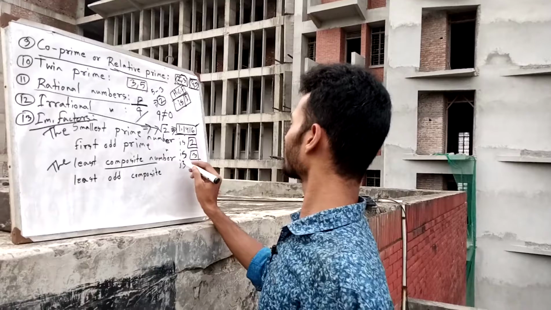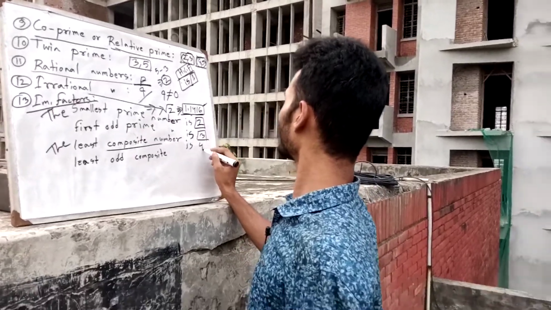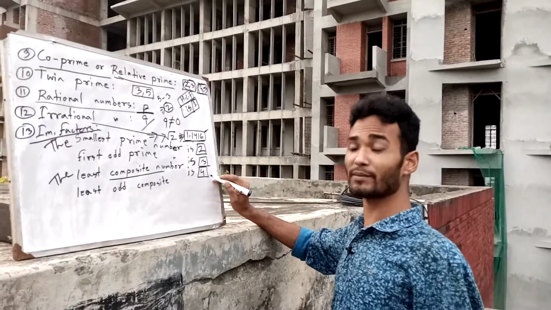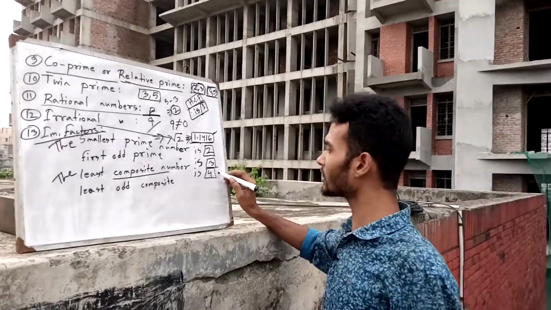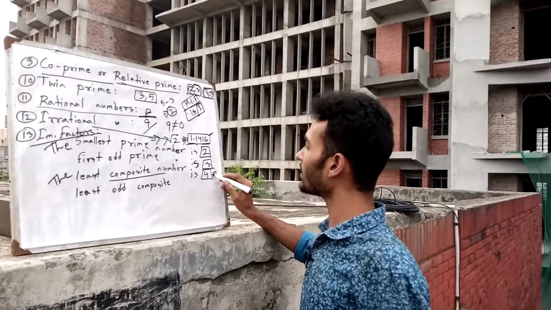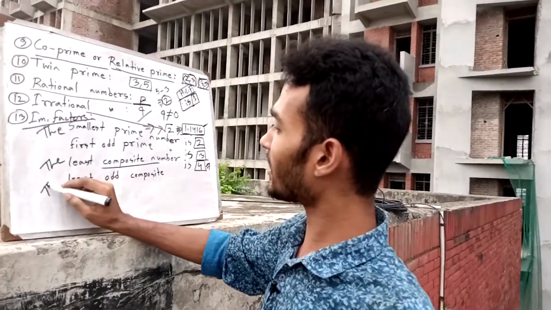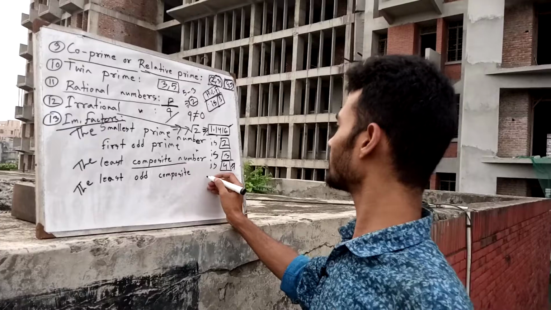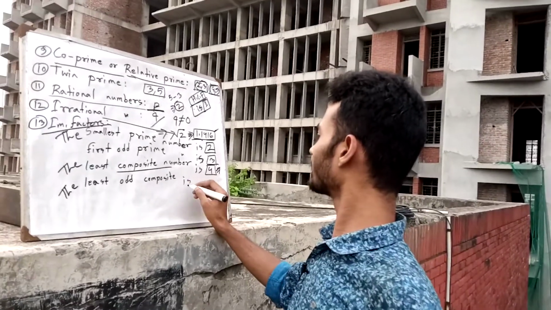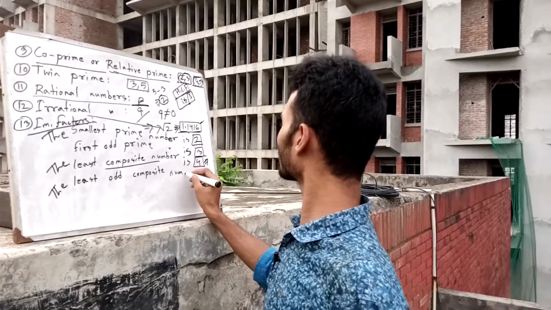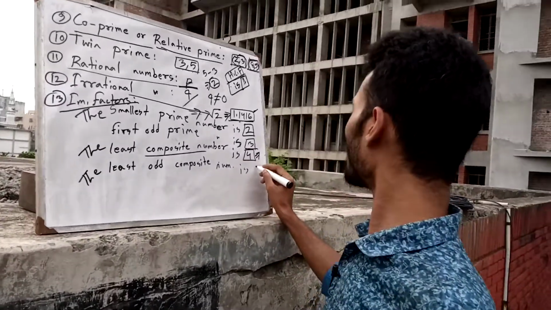And the least composite number is 4. The first composite number, the smallest composite number, is 4. A composite number may have more than 2 factors. Then the least odd composite number is 9.